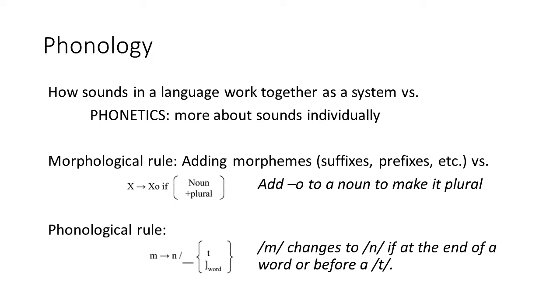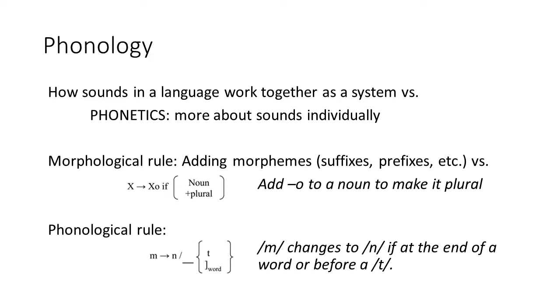The word is always described as X. So here, if you look at this, X, arrow, XO, if noun plus plural. So this just basically means that at the end of X, aka a word, you add O if you want it to be plural. So I think this language is, I don't even know, Somali? So in Somali, if you want to make a plural noun, you add O at the end. So that's a morphological rule.